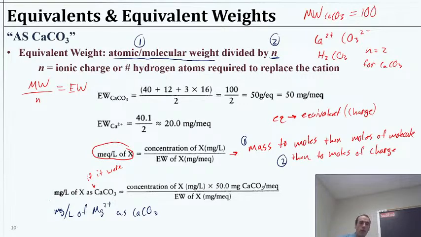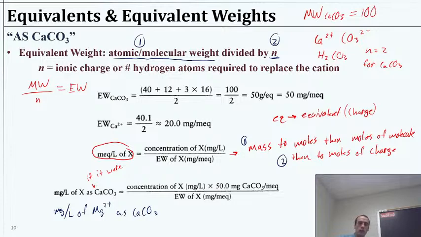If we want milligrams per liter of X as CaCO3, we can take the concentration divided by the equivalent weight, which is our formula for, excuse me, milliequivalents per liter. Multiplying that by the conversion, it's 50 milligrams of CaCO3 per milliequivalent.